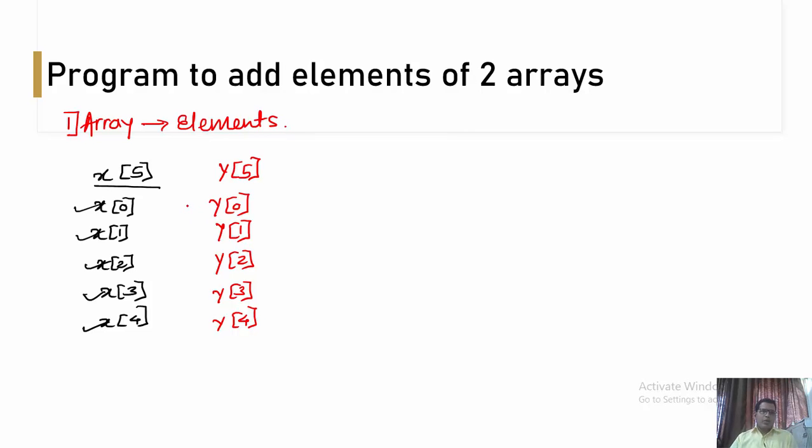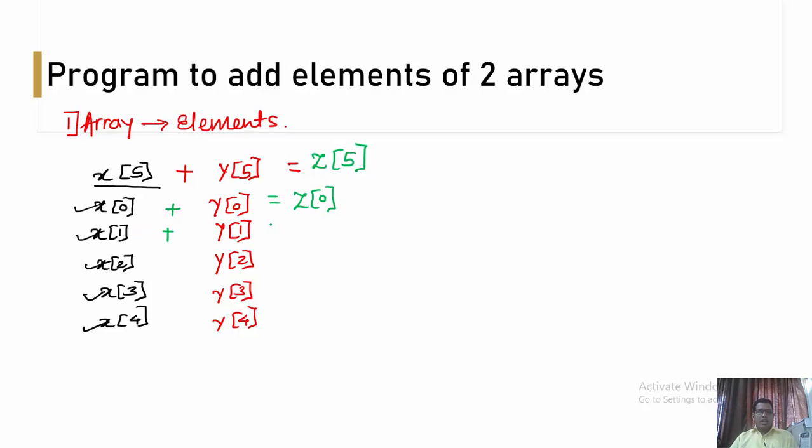So simple. Now what we have to do? We have to perform this addition. That is x of 5 should be added with y of 5, and whatever result is generated, I am going to store into the third array, which has the same size. In short, x of 0 and y of 0 added together, the result obtained is z of 0.